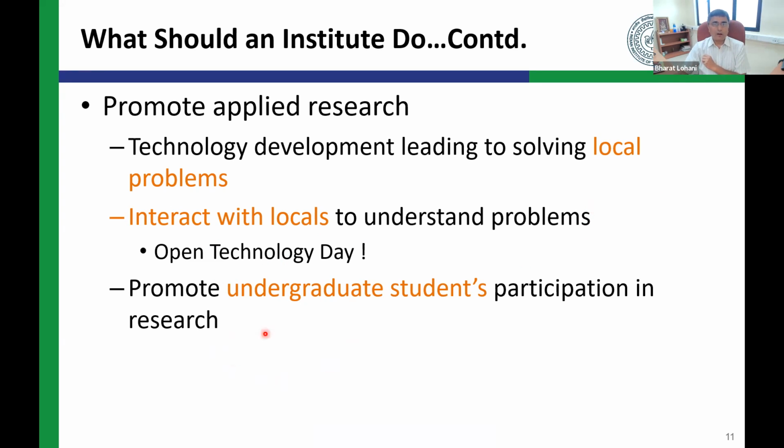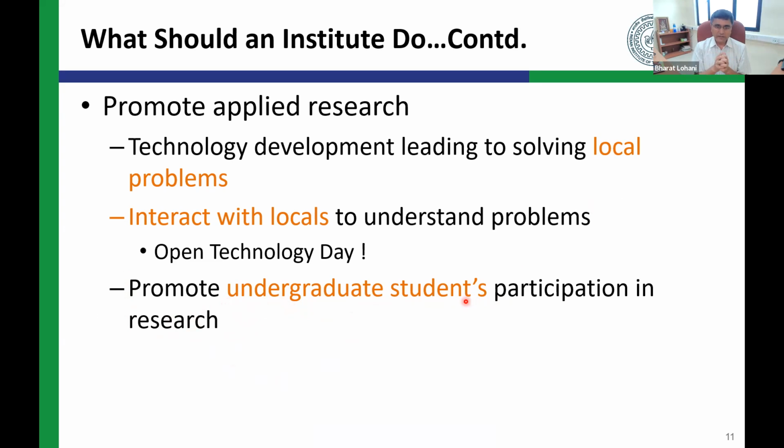Another thing I say is that within the institutes, we should promote the participation of undergraduate students in research, and in research leading to startups. In any institute, there might be 6,000 to 7,000 undergraduate students, or say 10,000 total students, or more.